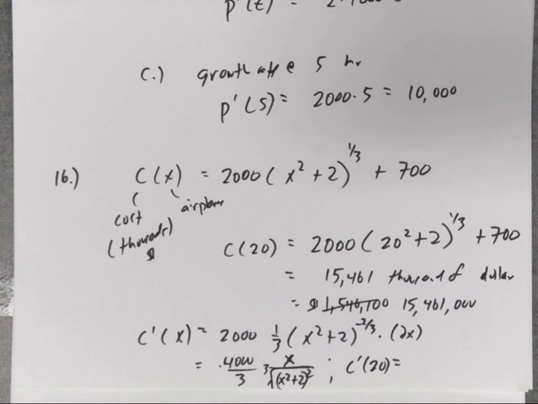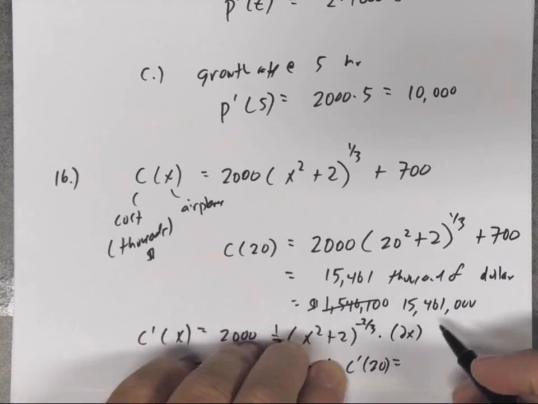I'll take that times 3 right here, and that all goes in the bottom, times x, which is 20, times 4,000.